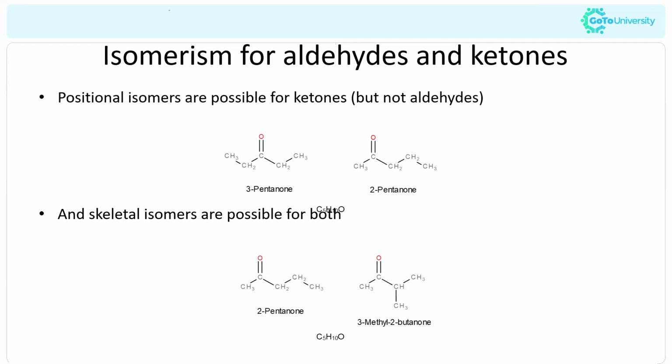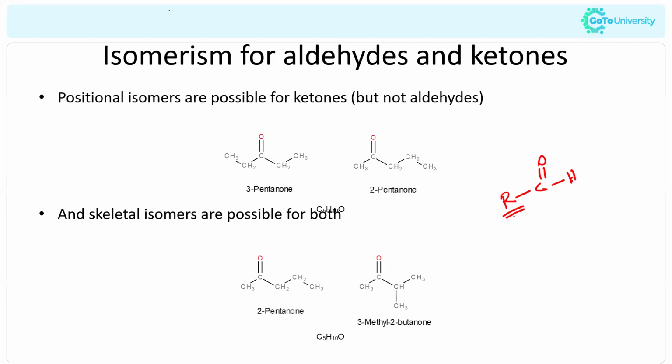Usually, in ketones, we can draw the position isomers. First of all, we have to know what position isomers are. Position isomers means there will be a difference in the position of the carbonyl group, right? But in case of aldehyde, we can't draw position isomers. What is the reason? Because in aldehyde, the carbonyl group is connected to one hydrogen, and the remaining will be the alkyl group.